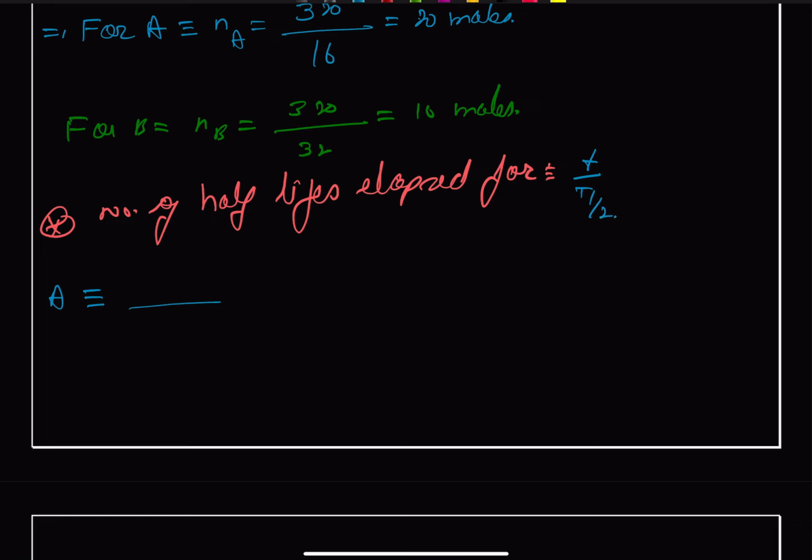So T is given as, sorry, T is given as 2 and T half is given as 1. So from here we get 2. And for B, this is 2 by 1 by 2, giving us 4. Now we can easily find out the fraction remaining.